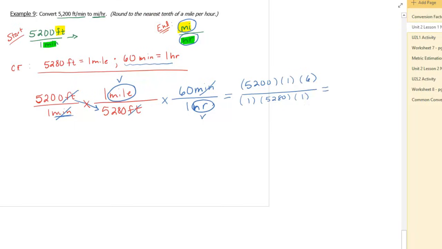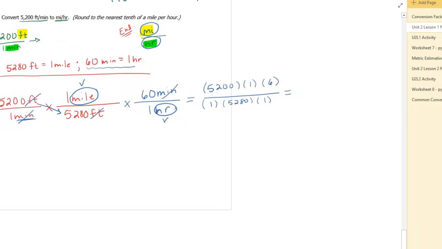Now, you don't really have to write the times 1 because multiplying something by 1 doesn't change the value, but I just do it so we don't get confused. All right, so now on the top, 5,200 times 6 is equal to 31,200.